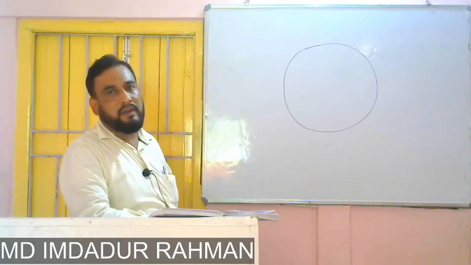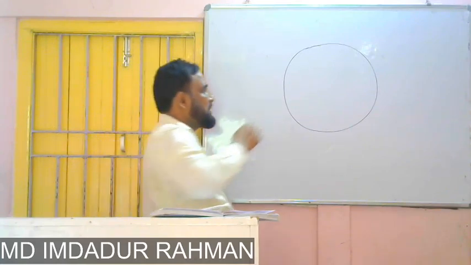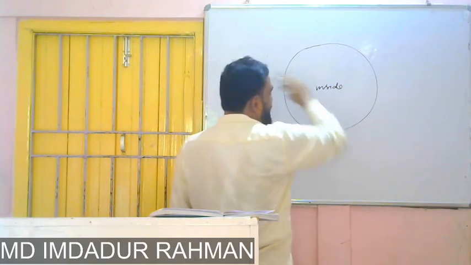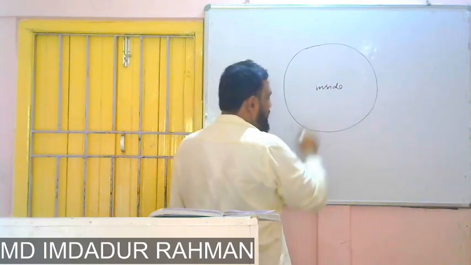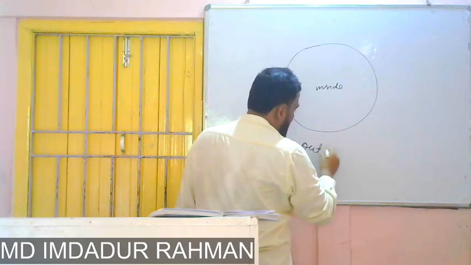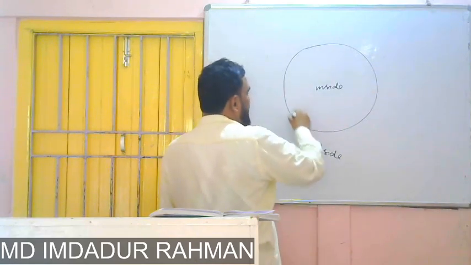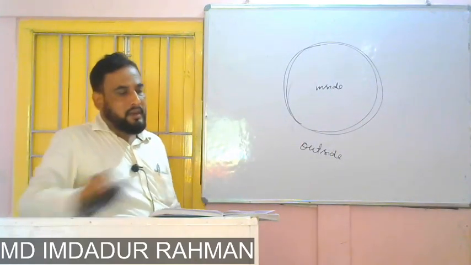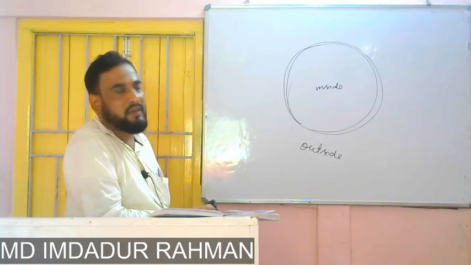It divides the plane into how many parts? 3 parts. Earlier it was a plane. After drawing it, it became 3 parts. One is inside the circle, another is outside the circle, and the third one is the circle itself. So, a circle divides the plane on which it lies in 3 parts.